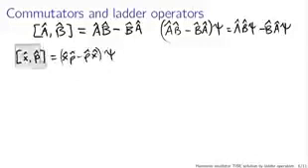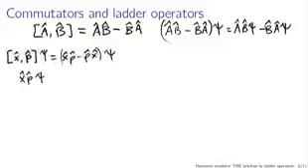In order to make my notation correct, I ought to have the same sort of psi here. So if I allow this to act on psi, first we're going to have x hat p hat psi minus p hat x hat psi. And what this means is x hat is acting on p hat acting on psi, and this is p hat acting on x hat acting on psi.